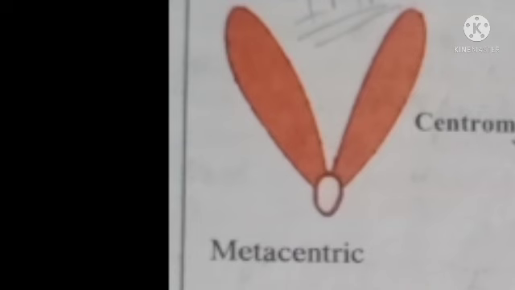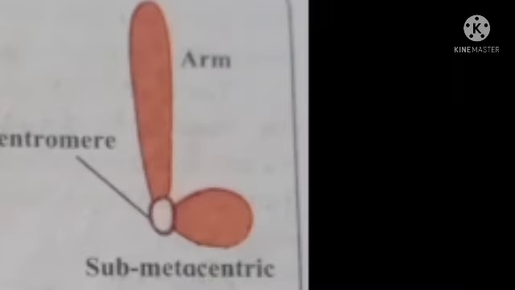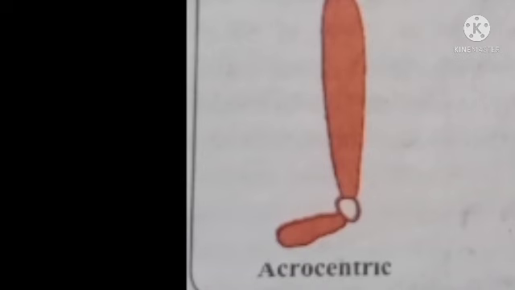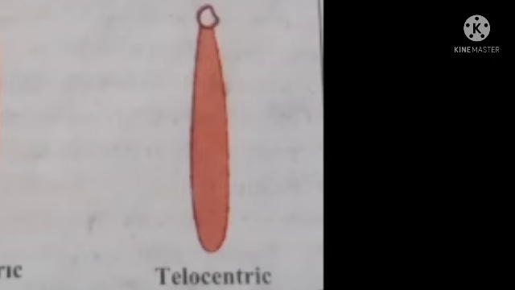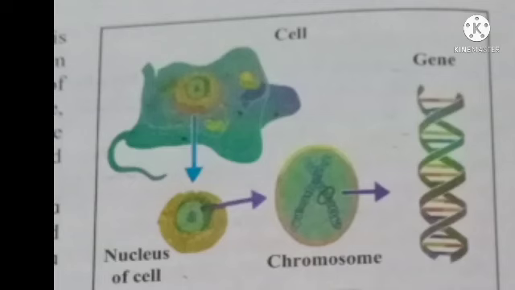Metacentric is V shape, where both the arms are equally distributed, whereas submetacentric is English alphabet L shape, where one arm is big and the other is smaller. For acrocentric, the lower arm is smaller and the above arm is bigger, it is J shape. And the last one, telocentric, is a small I shape, where the centromere is placed at the top and it has only one arm.